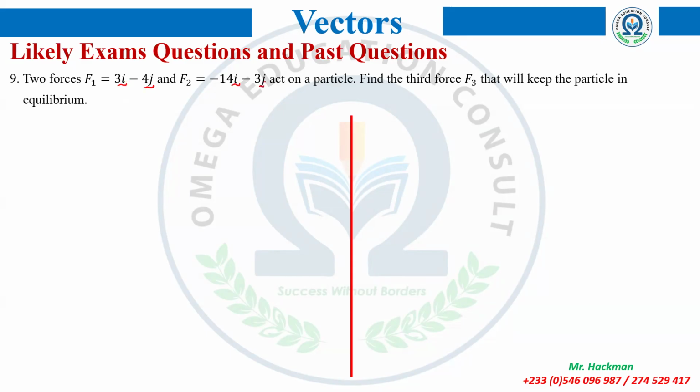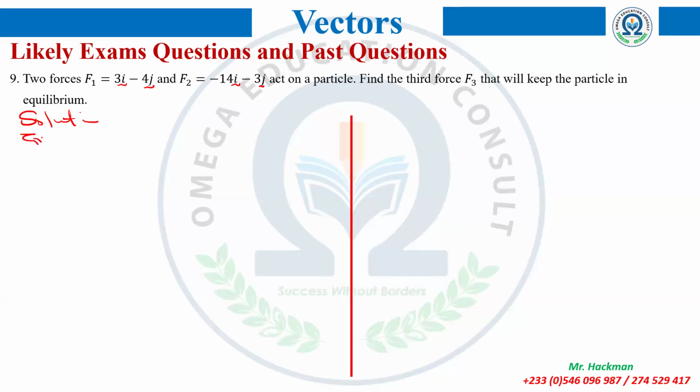Find the third force that will keep the particle in equilibrium. I'm going to give you another piece of information, and this time I will ask the science students what we are supposed to do in that situation, what condition we are supposed to use. So quickly we write the solution, then we extract.